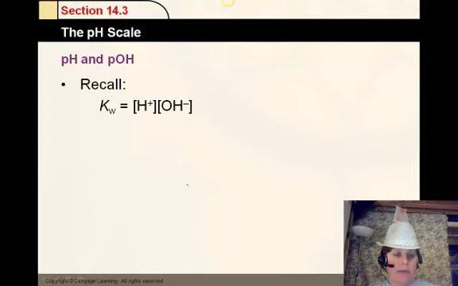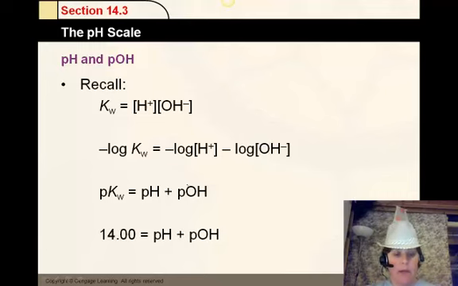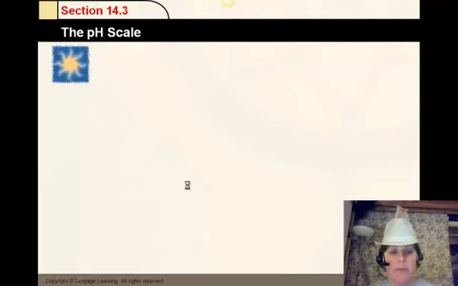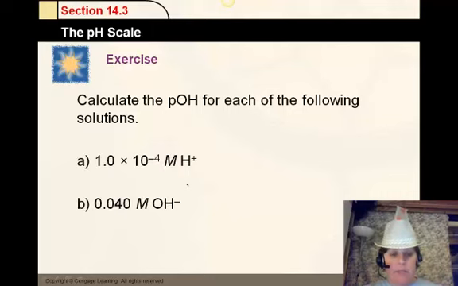Now, we already talked about Kw being hydrogen times hydroxide, and pH plus pOH is pKw, as they're saying here. And so that's how we get that. And in the previous diagram that I drew, which put together OH, H, pH, pOH, you can see how these things are related. So there's going to be more calculations. Calculate the pOH for each of the following solutions.